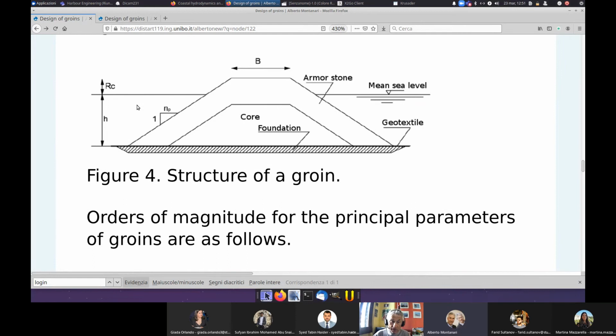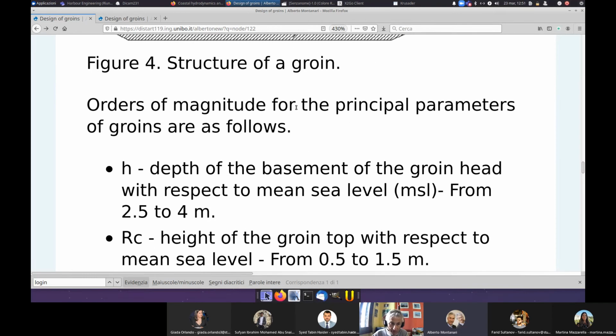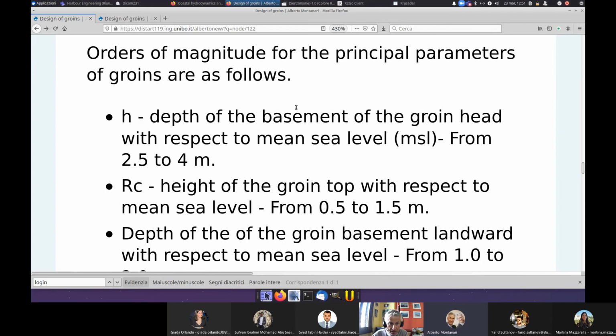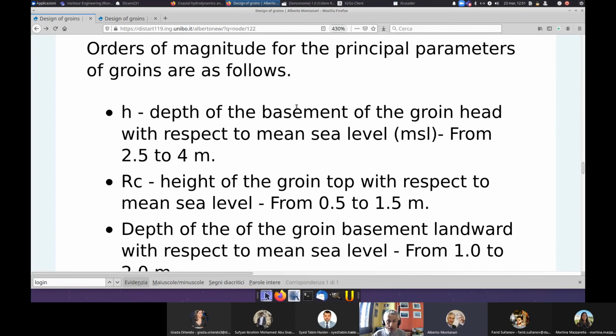So let's give some orders of magnitude for the size of a groin in order to identify the structure. h, which is the depth of the basement of the groin head with respect to mean sea level, is from 2.5 to 4 meters. 4 meters is already a huge groin.